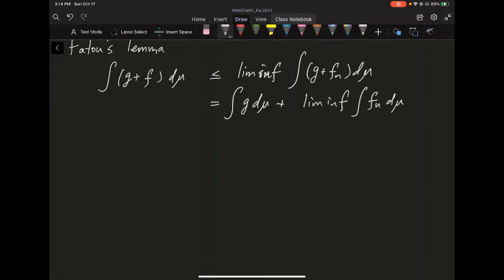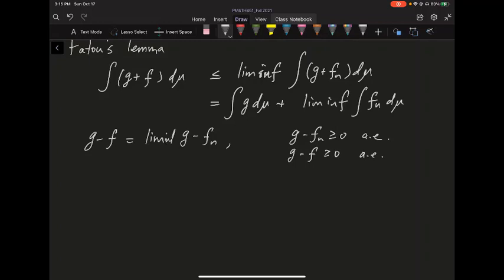Consider g minus f, which equals the limit of g minus Fn. Because Fn is dominated by g, g is bigger, so when you subtract something smaller, you always have something non-negative almost everywhere. So g minus Fn and g minus f are both non-negative functions.